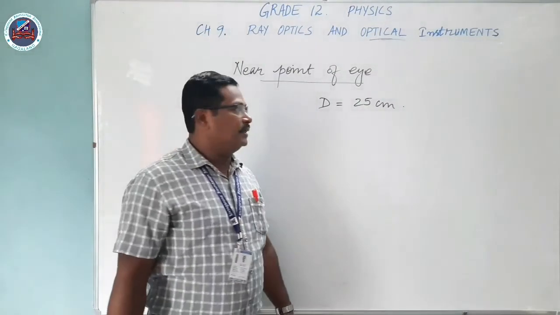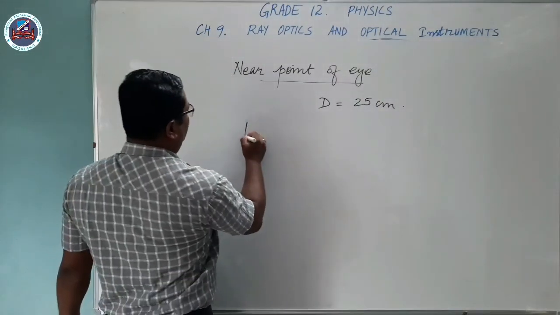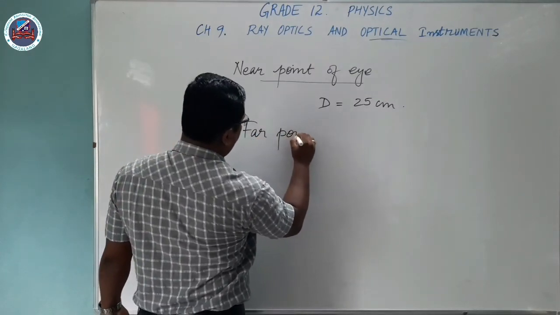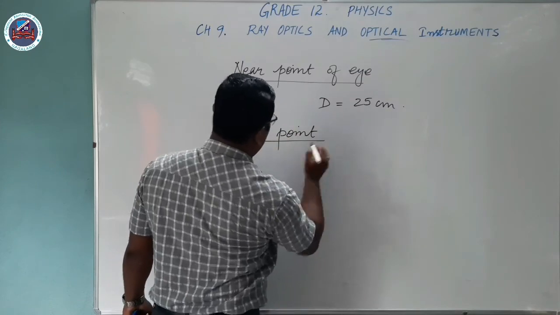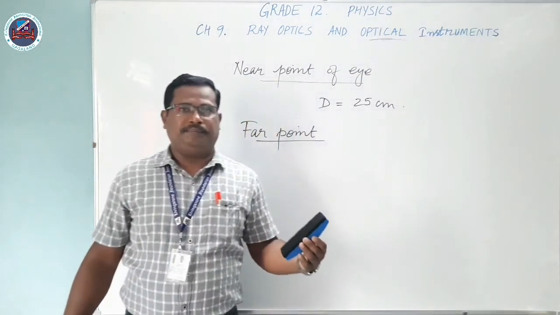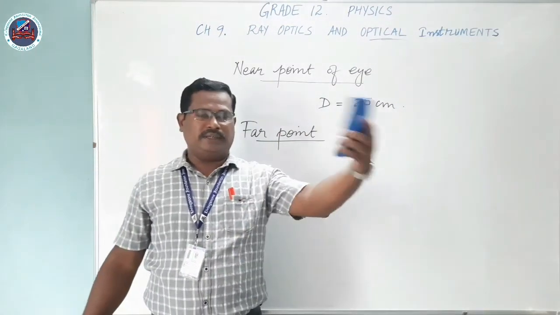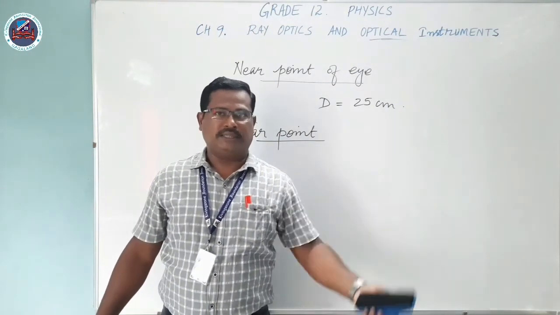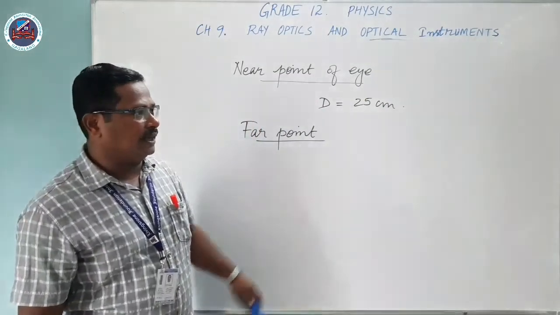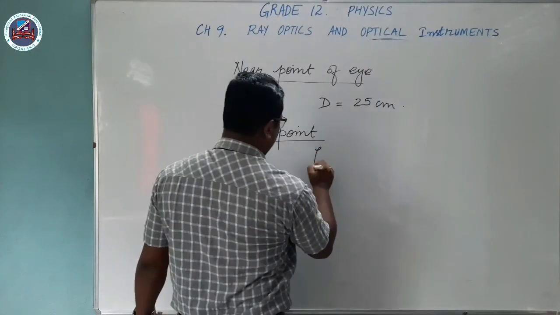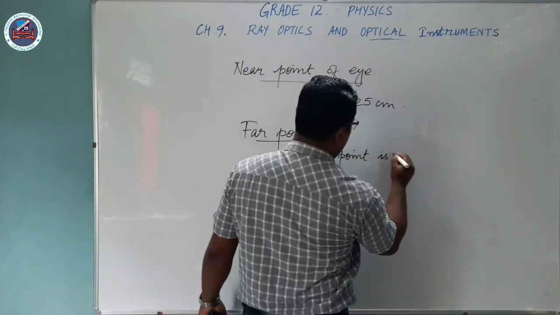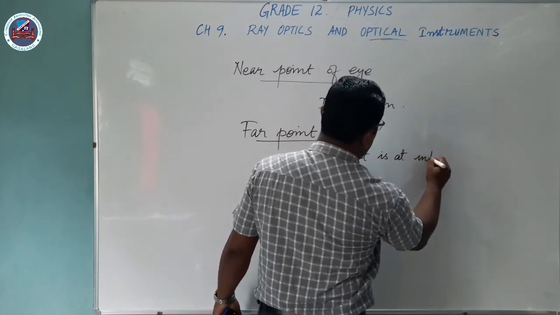The next thing is the far point of a normal human eye. Every individual will have a different far point distance, so we say that for a normal human eye, the far point is at infinity.